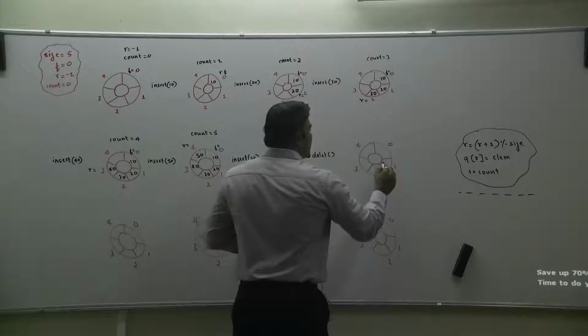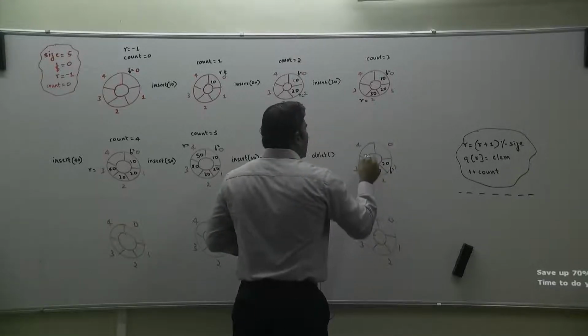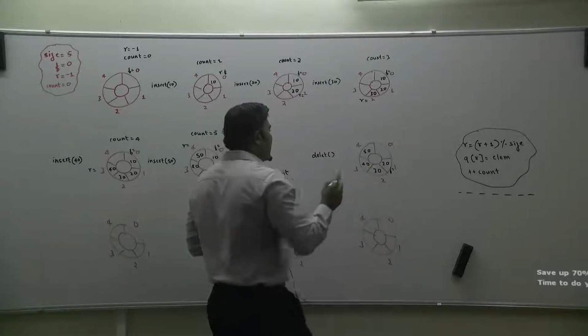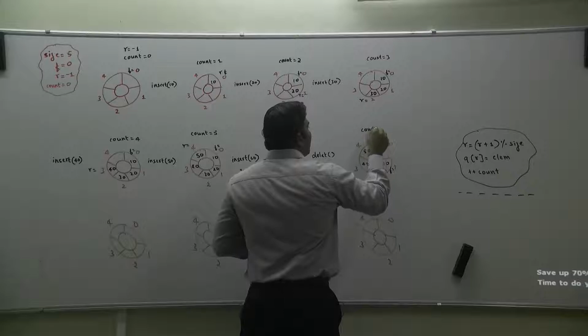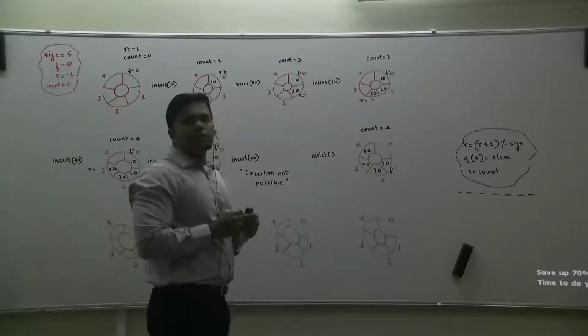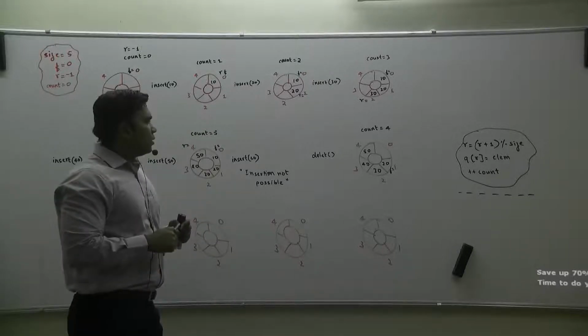And so it will become 20, here it will become 30, here 40, here 50. But because you have deleted, count should be decremented, in which case count becomes 4. Oh, okay, sir.